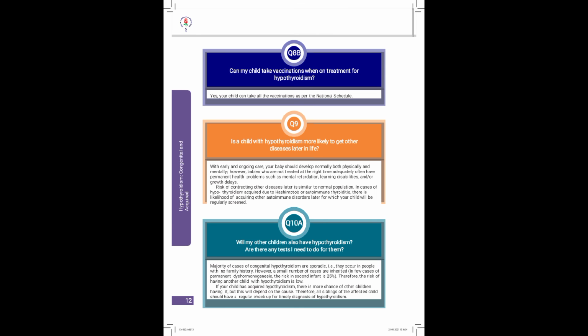Is a child with hypothyroidism more likely to get other disease later in life? Well, with early and ongoing care, the baby should develop normally, both physically and mentally. However, babies who are not treated at the right time adequately often have permanent health problems such as mental retardation, learning disabilities, and growth delays.